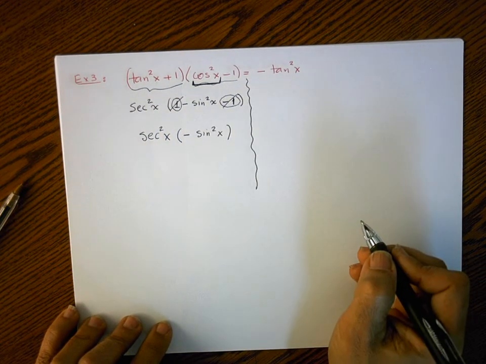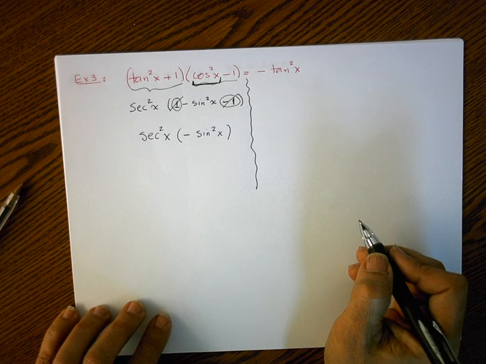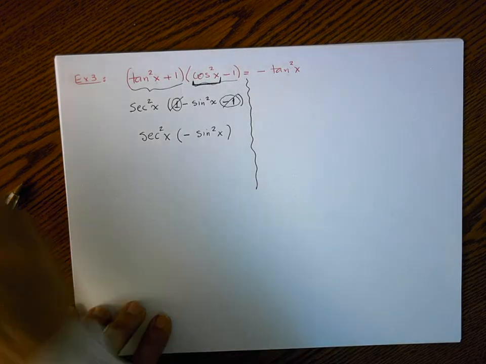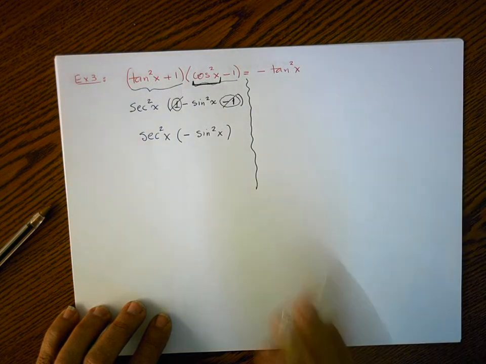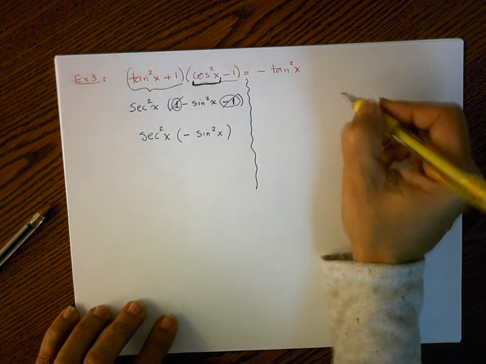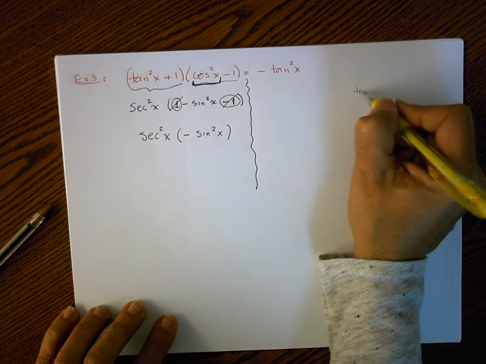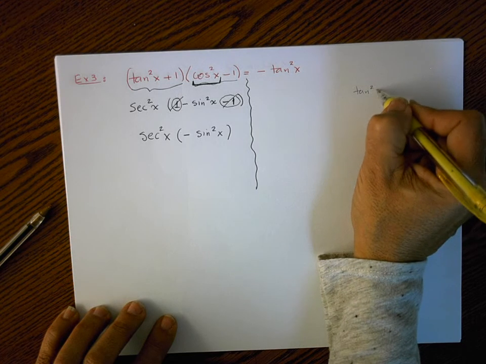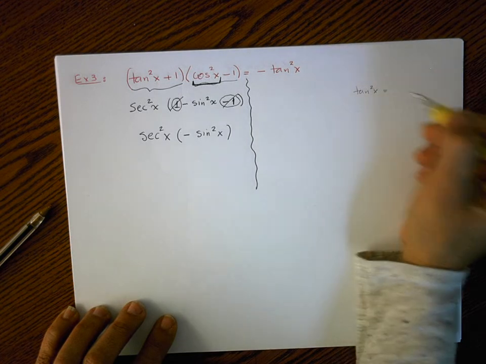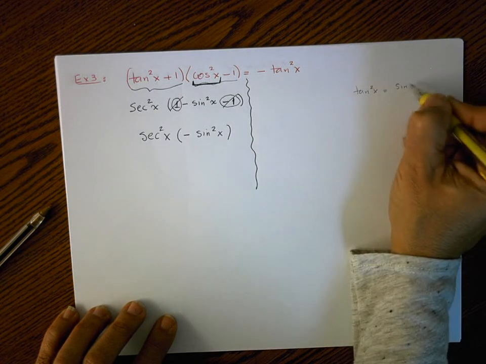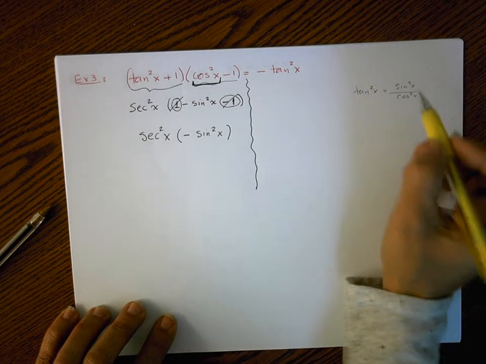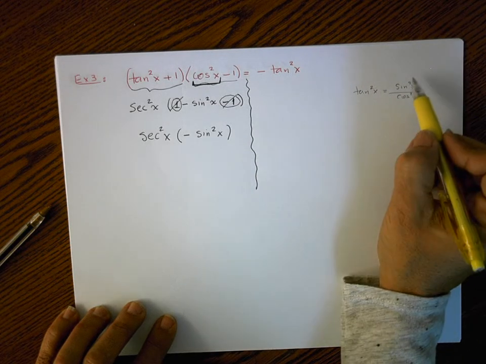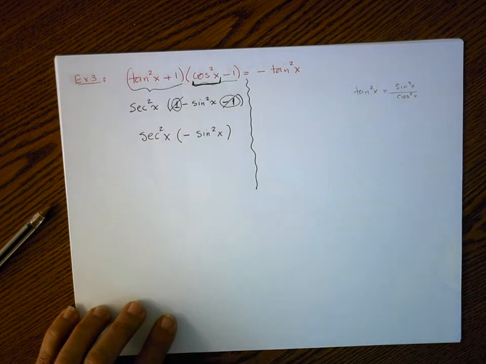All right, so I want to end up with tangent. I'm just going to write myself a note. I'm not messing with both sides, but I'm going to write myself a note. I know that the tangent squared of x is the sine squared of x all over the cosine squared of x. So I need to somehow make that appear to help me come up to a tangent.